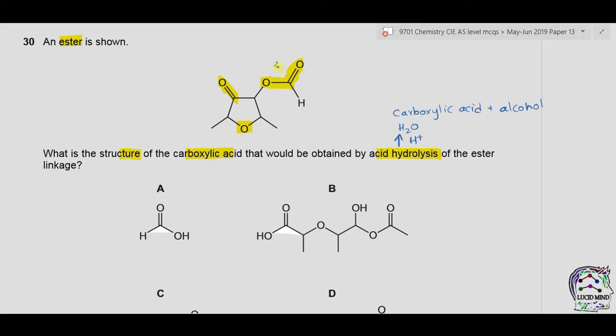Let's see which carboxylic acid is formed from this ester. Upon acid hydrolysis, this bond will break, which is the carbon-oxygen bond, and the portion consisting of the carbonyl carbon will form the acid and the other portion will become alcohol. So the alcohol is like this, OH, while the second portion that forms acid would be like this.